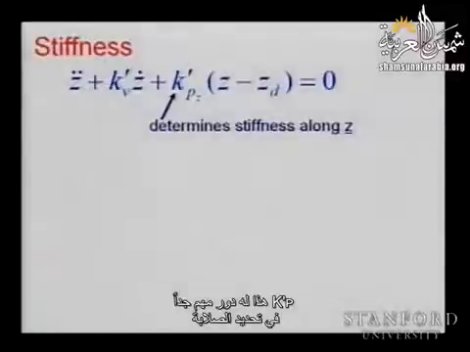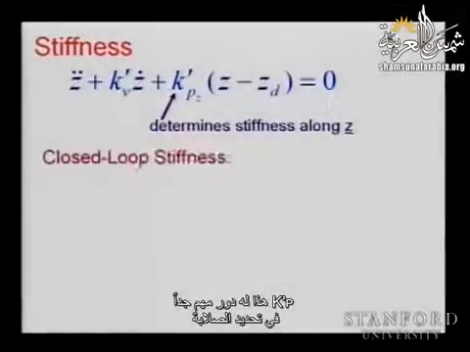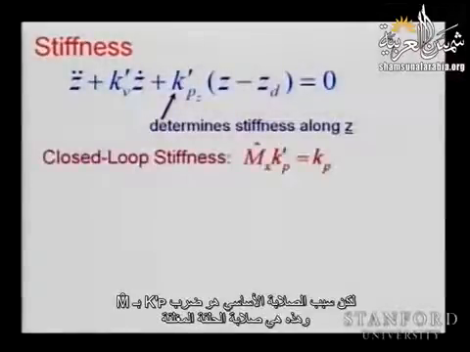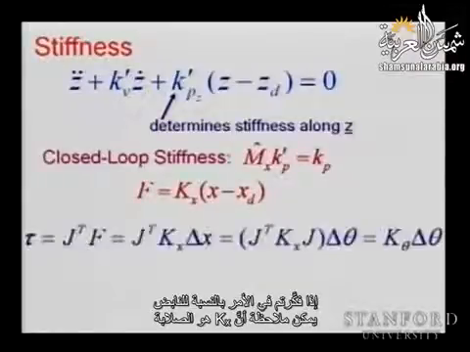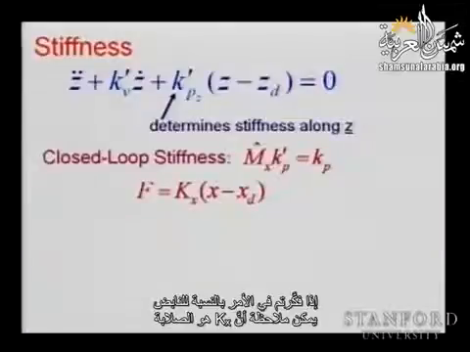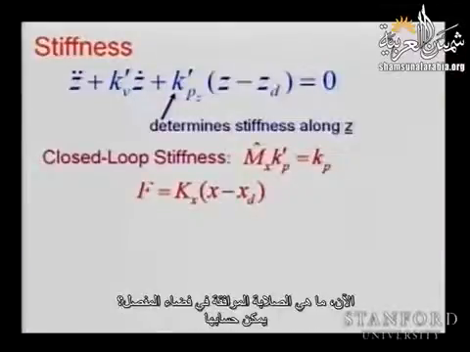So this kp prime has a very important role in determining the stiffness, but really the closed loop stiffness, remember, you have multiplied kp prime by m hat. So this is your closed loop stiffness. And if you think about it in terms of just the spring aspect, you can see that kx is your stiffness. But now, what is the corresponding stiffness in joint space?